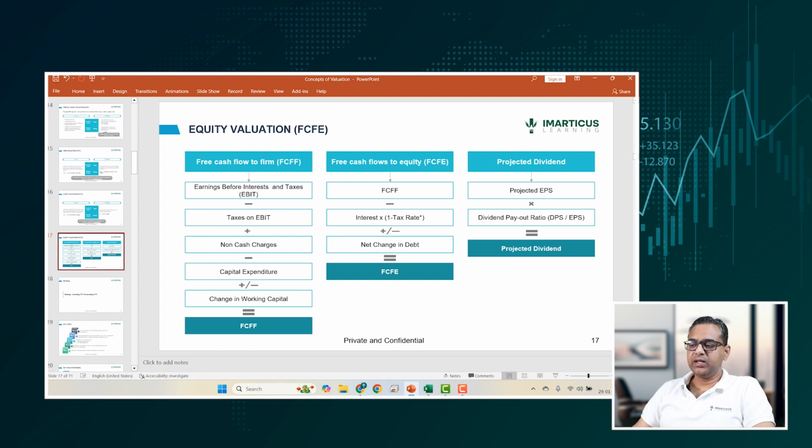What is the future EPS we expect based on a certain growth rate, and then what is the dividend payout ratio from that EPS, how much are they going to pay, and this we can estimate from historical data. Let's say they are paying 30% as dividend, so accordingly we can forecast, based on the projected EPS and that 30% dividend payout ratio, the projected dividend, and those are the expected cash flows we can expect if we hold the shares of that company. Then we can discount those projected dividends to get an equity value.